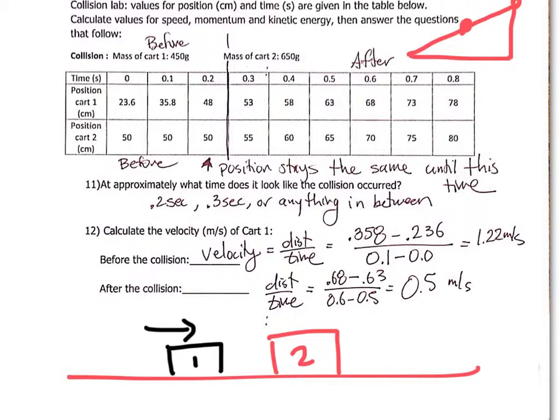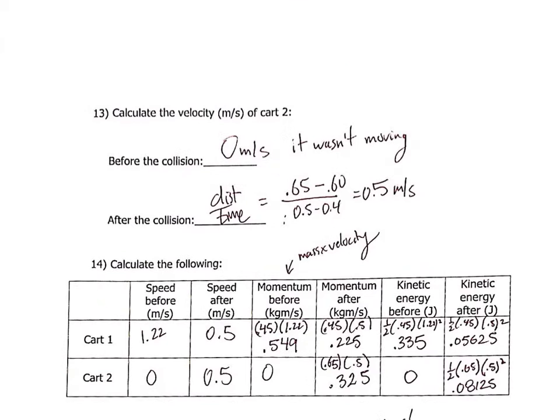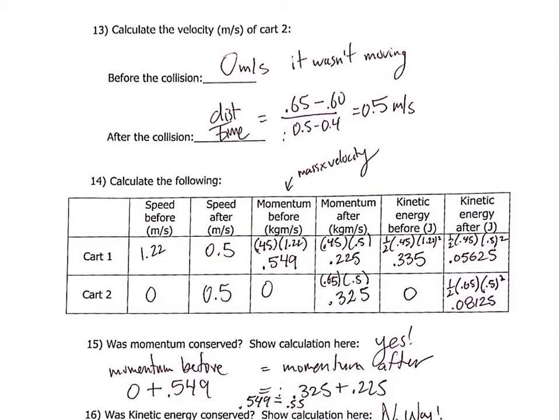We're going to do the same for cart 2. Notice how the speed of cart 2 before the collision is 0. So 0 meters per second before, it wasn't moving, and then we do the same, pick any 2 points, distance and time, and we get this as a velocity for cart 2 after the collision.